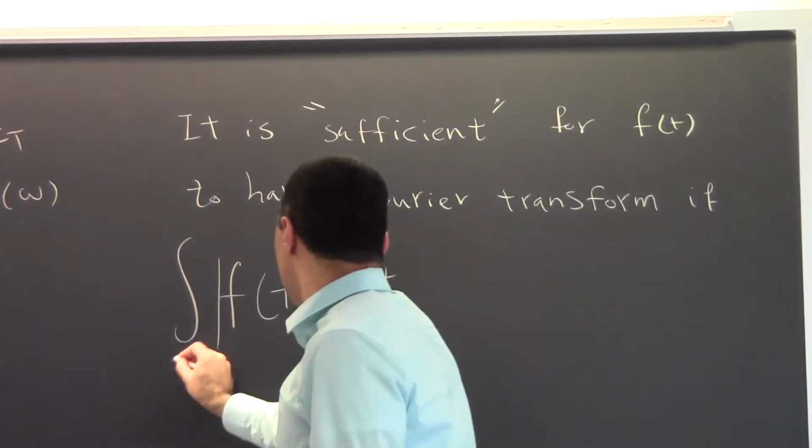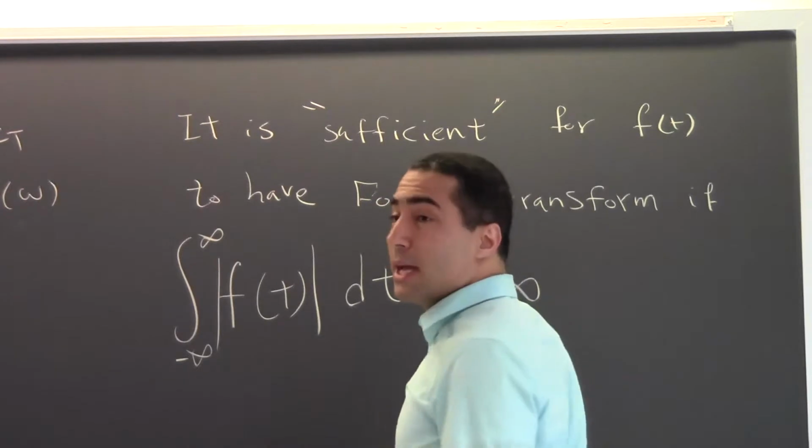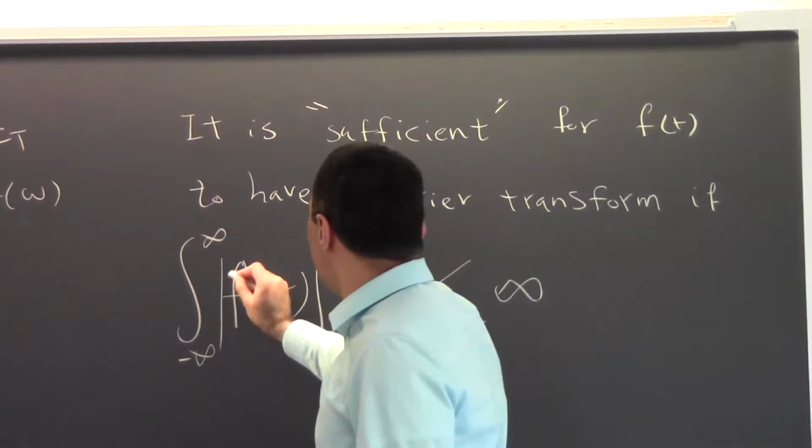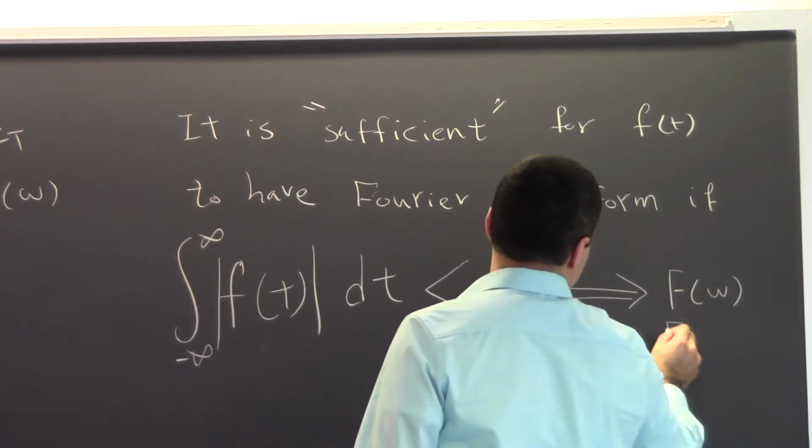If we go from minus infinity to plus infinity, if this number is smaller than infinity, then for f(t), we can conclude F(omega) exists.